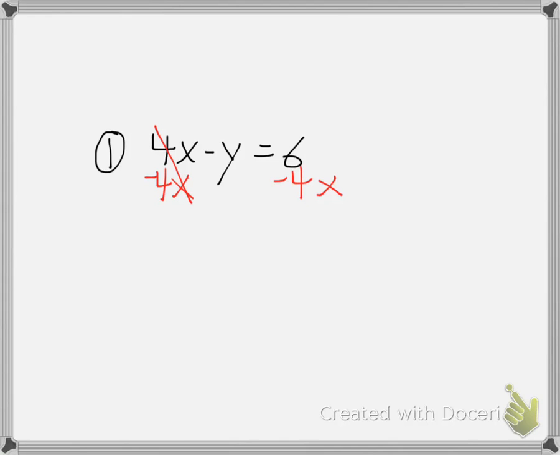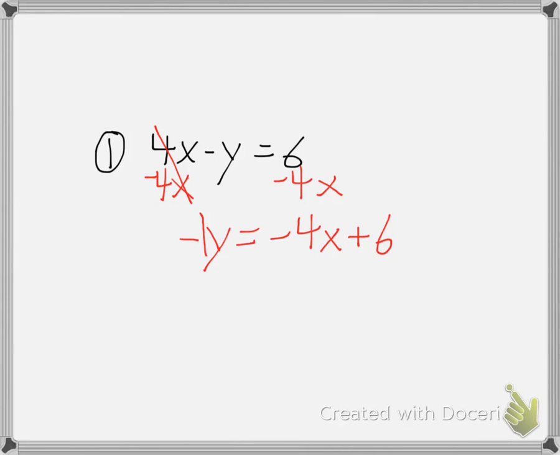subtracting by 4x, we are left with negative y, or you can think of it as negative 1y if you prefer, equals negative 4x plus 6. Now, from here, to find out what y is, what else do I need to do?